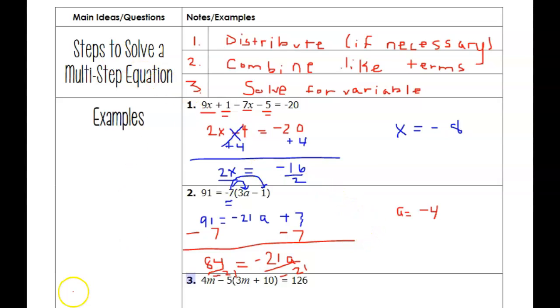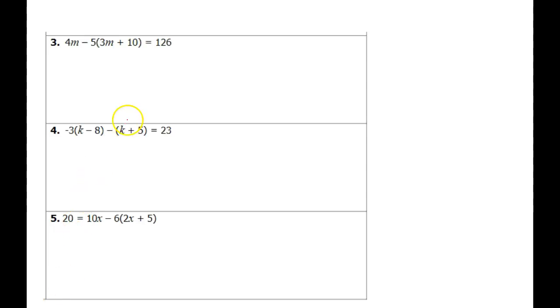All right, guys, let's take a second. Let's go to the next problem. Kamari, what's the first thing that we have to do? Looking at number 3. What is our first step? Look at your paper. Look at the top of your paper. What is the step? What is the first thing to check for? Yeah, we want to see if we can distribute anywhere.